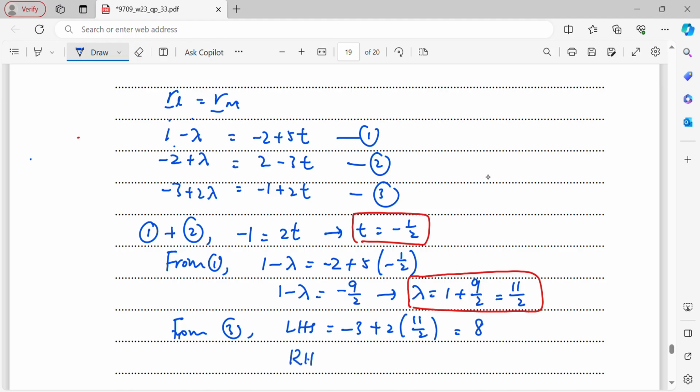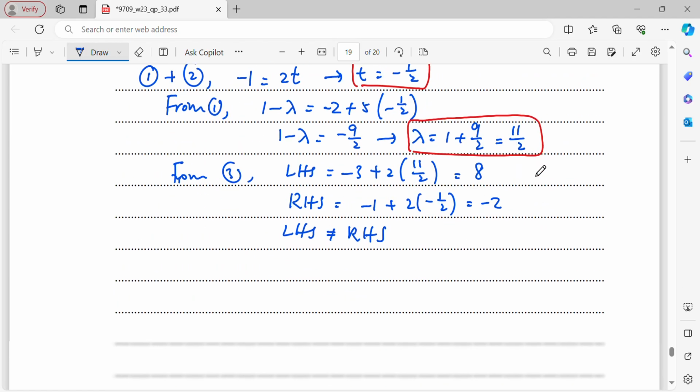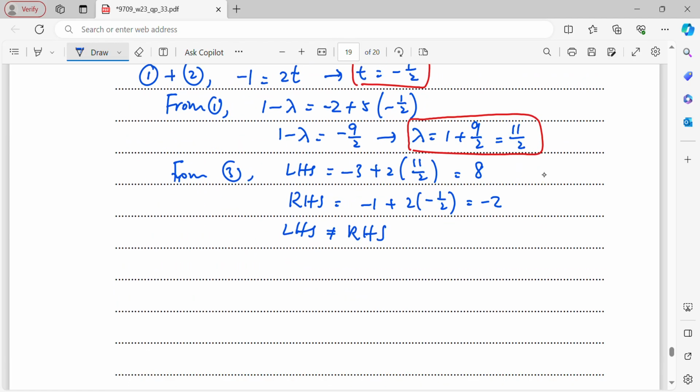Then for the right hand side, it's going to be -1 plus 2t, then you will be getting -2. So from here, obviously the left hand side is different from the right hand side. When different, it means that the t and lambda do not satisfy the third equation. So in other words, they are not intersecting. Therefore, both lines do not intersect.